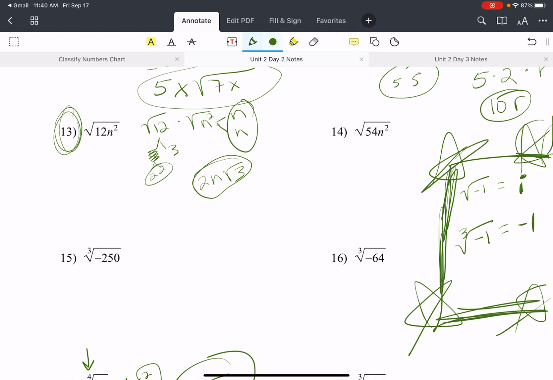So with that in mind, let's look at 15. First thing I want to do is split apart the negative like I did on the other ones. Okay, 250. What's a number that goes into 250 if it ends in 0? 10, right? Good.